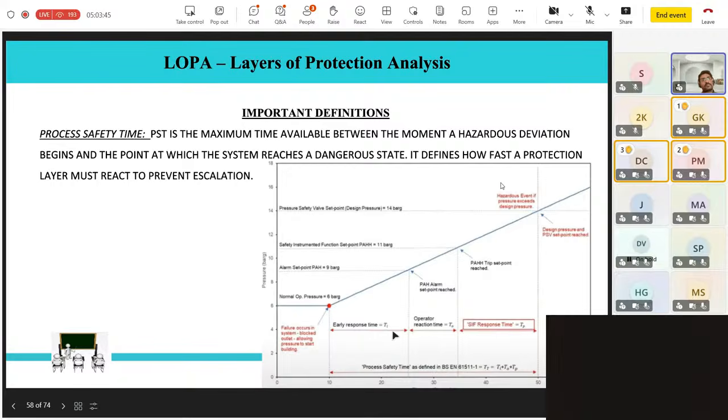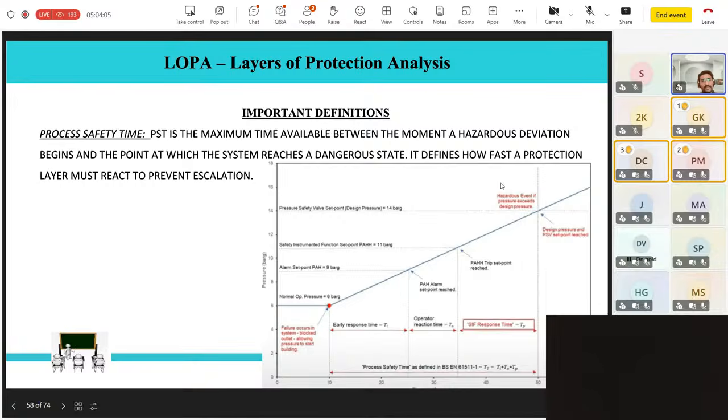Now many a time, just to give an example, it is said that the operator requires a minimum of 15 minutes to respond. Invariably, that is the benchmark I've seen in many industries: they consider at least 15 minutes for the operator to respond from his DCS room, understand the fault, and then go and respond to it.